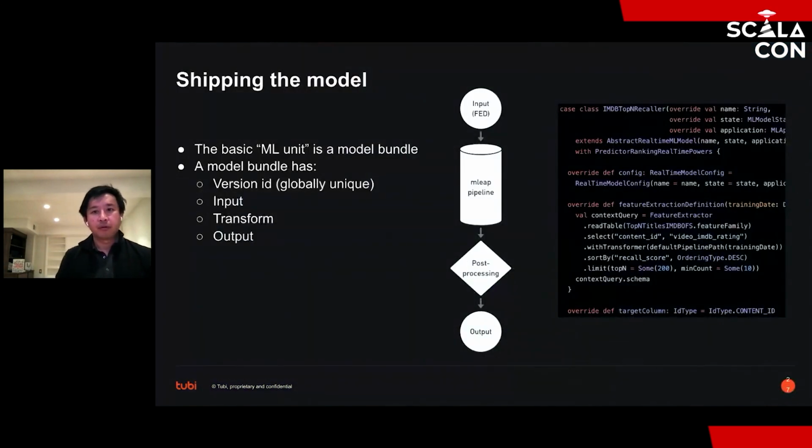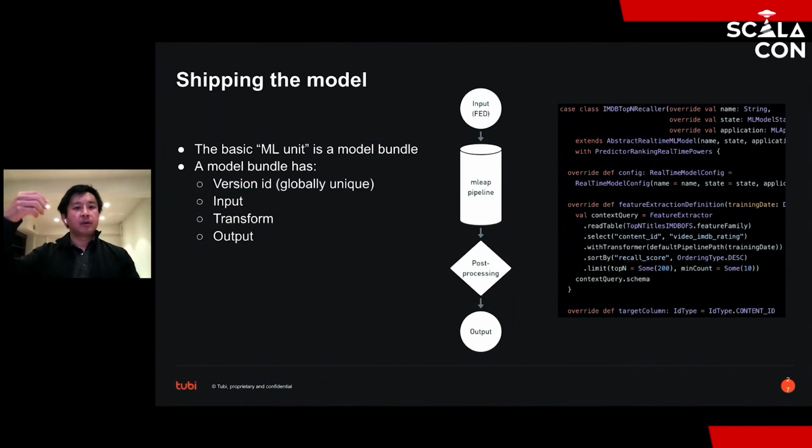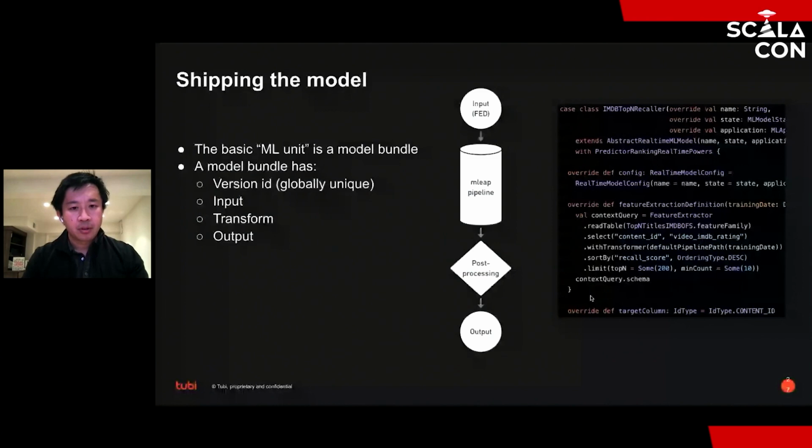What we defined really is a way to construct a model bundle, which is how we define our basic ML unit, which has the input defined by this feature query, this model transformation pipeline, some post-processing, and then the output. And this makes our model definitions a lot simpler and more concise for our machine learning team.